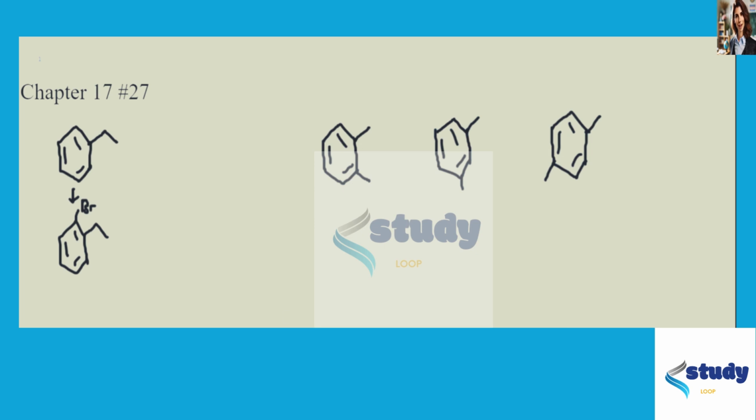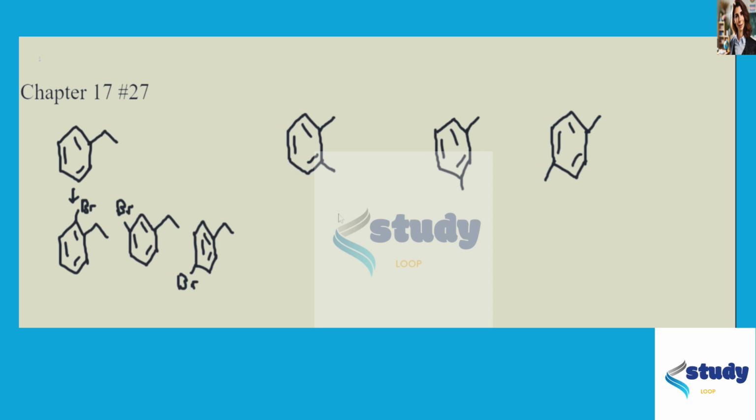So we could put a bromine on the top carbon there, or we could put a bromine on the next carbon over, like this, or we could put a bromine in the para position. So we could have our bromine there. Okay, and so there are our 3 isomers for that first molecule.